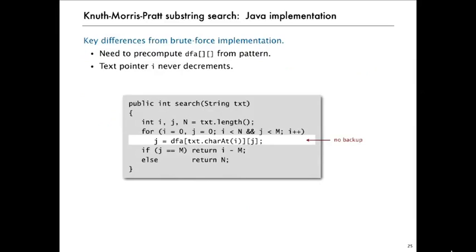So given that we've constructed this DFA, the state transition table for the DFA is simply a 2-dimensional array that's indexed by the pattern character. So if you're reading a certain text character, then we reset the pattern pointer to be the entry given in the table that corresponds to the current one.